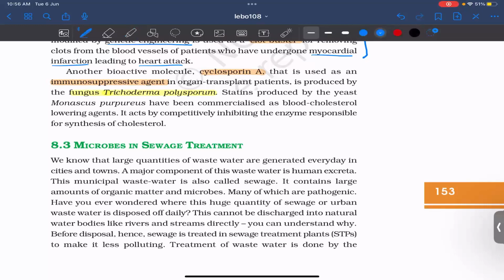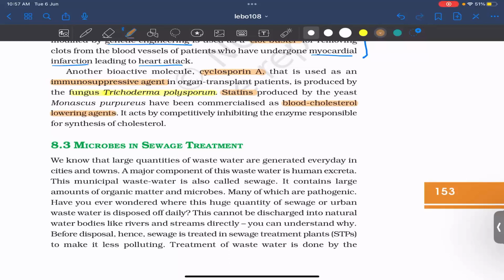Now next we have statins. Statins are lipid-lowering agents. They are used when patients have high cholesterol or a defect in lipid function, so these are blood cholesterol lowering agents.